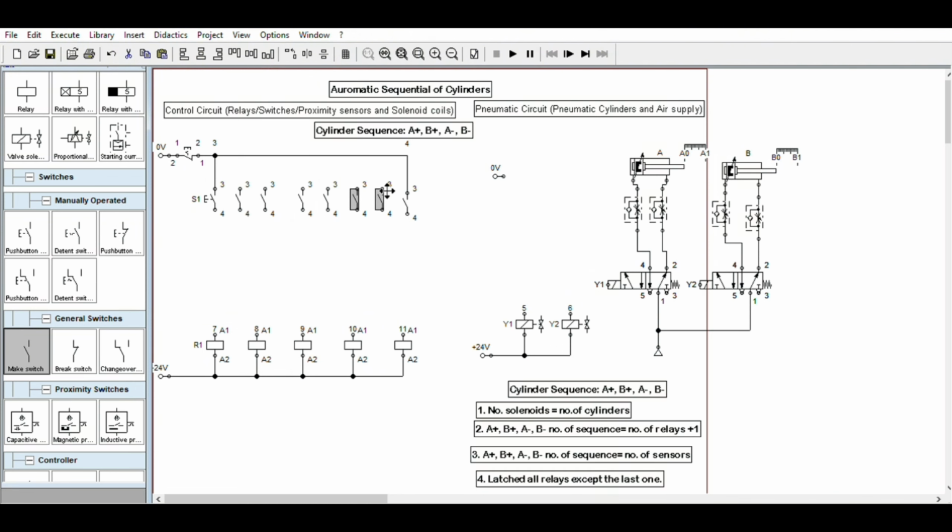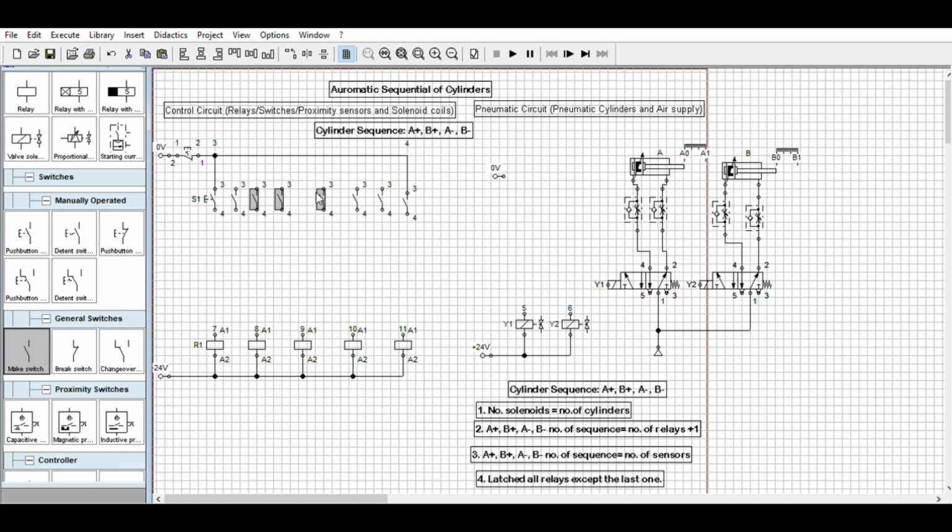How many do we have? Sensors and relays. So one of these is the sensor, one is the latching contact. You can turn on the grids.